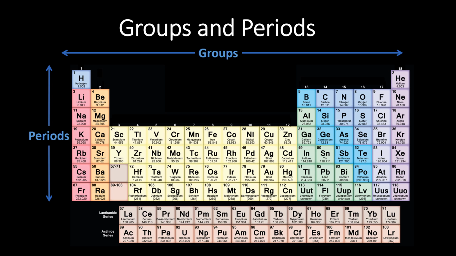Moving on to periods. Our periodic table of elements has 7 periods. All of the elements in a period must have the same number of atomic orbitals. We can see this by drawing out hydrogen and helium from the first period and comparing them to lithium and neon from the second period.